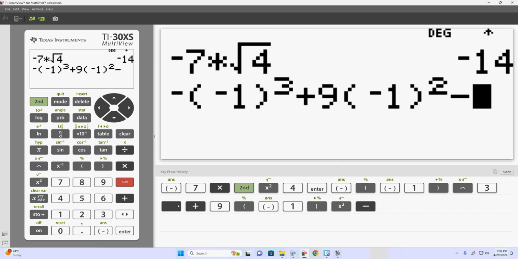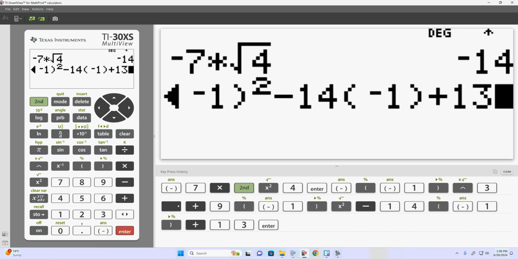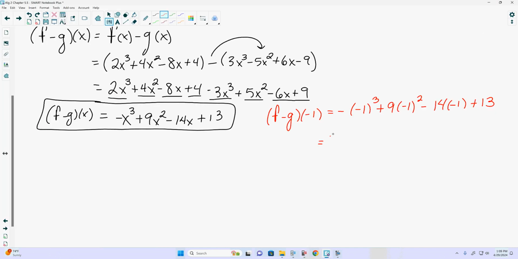And we could go through, type the whole thing into either calculator, and it'll tell us that it is 37. So we don't have to do these by hand, but we can if we want. Questions on this here?